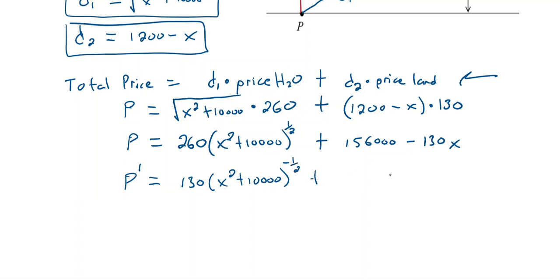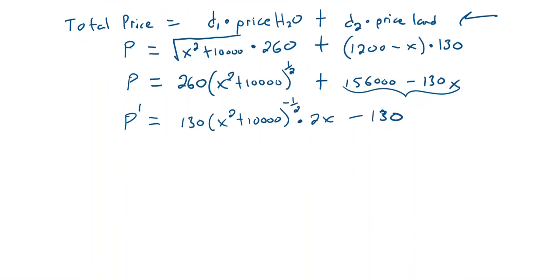And then, oh sorry, I missed one step. So this was that part, and then we still have to take the derivative of the inside. So I almost forgot the chain rule, right? The inside here would just be 2x. And then minus, and the derivative of all of this is just 1, so minus 130. There you go, so that is my derivative.